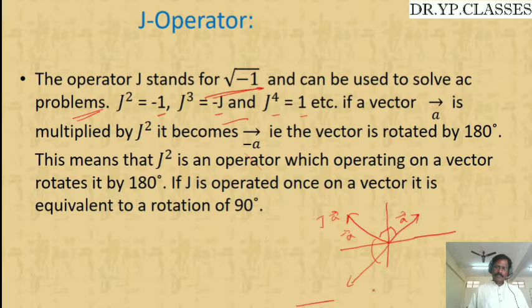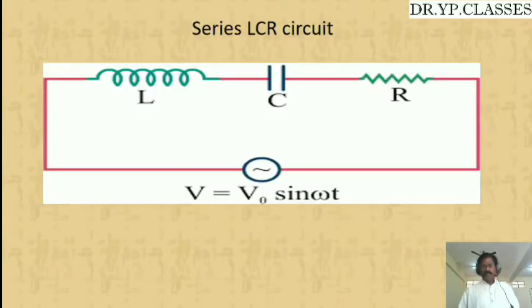This is J square. Like this it continues, this is J cube and then J to the power 4. So J represents the angle through which it rotates. When J is operated once on a vector, it is equivalent to a rotation of 90 degrees. So if A is here and I operate it by J, it turns that vector by 90 degrees. This is about the J operator.